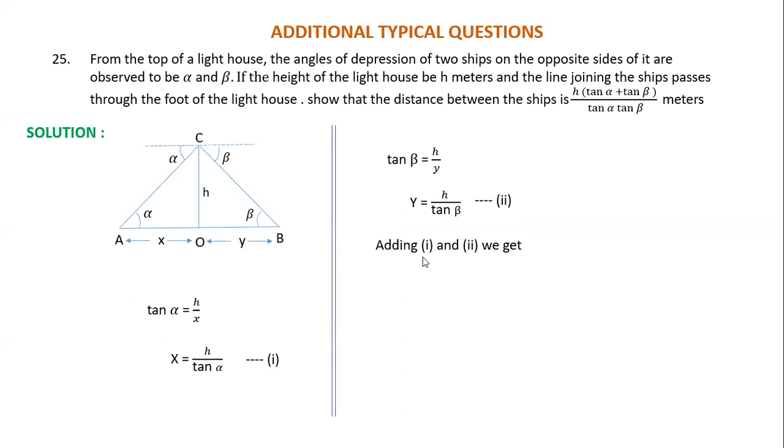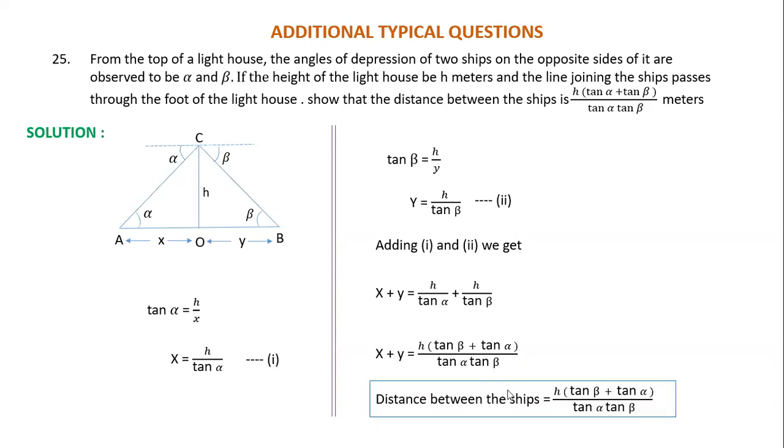Adding 1 and 2, x plus y is equal to h upon tan alpha plus h upon tan beta. So take LCM, h into tan beta plus h into tan alpha upon tan alpha tan beta. Take out h common, we get x plus y is equal to h (tan alpha plus tan beta) upon tan alpha tan beta meters. So the distance between the ships is h (tan alpha plus tan beta) upon tan alpha tan beta.